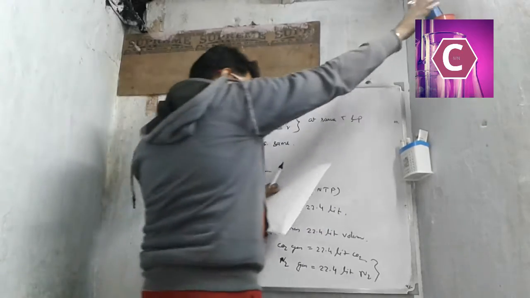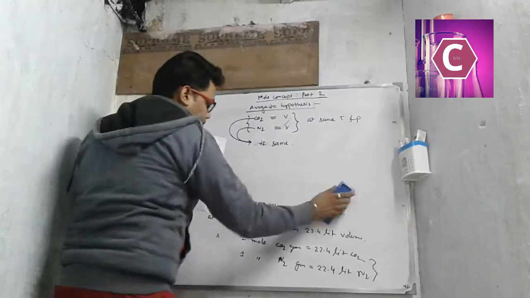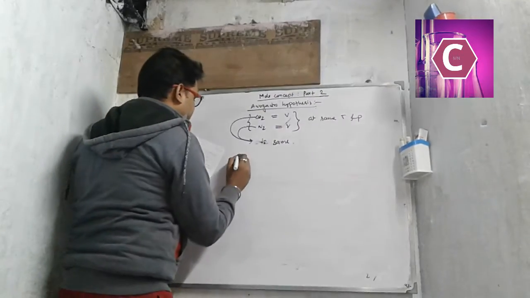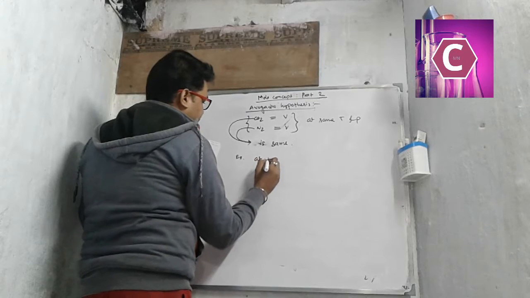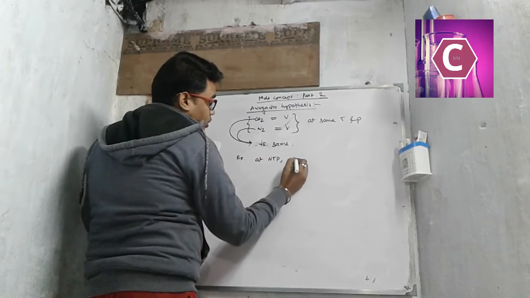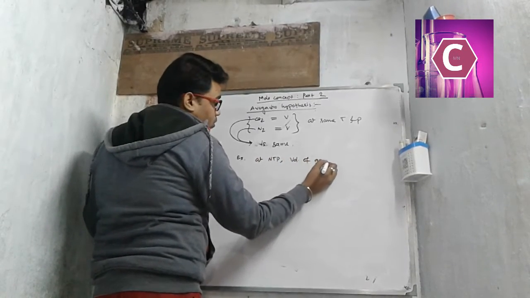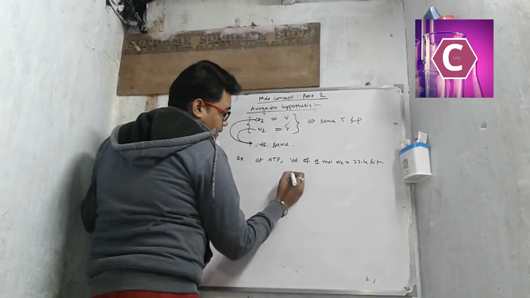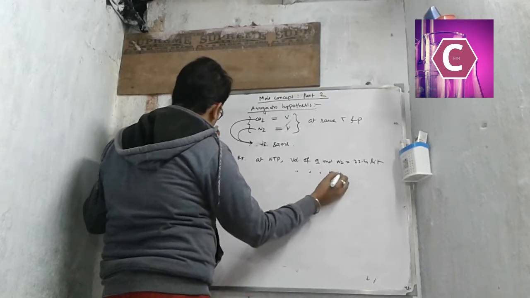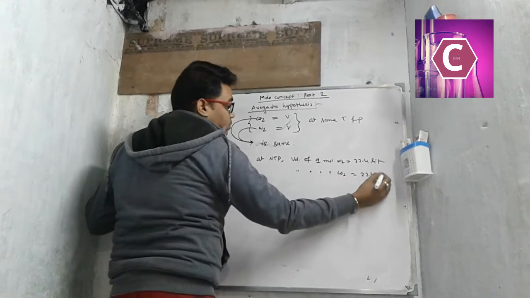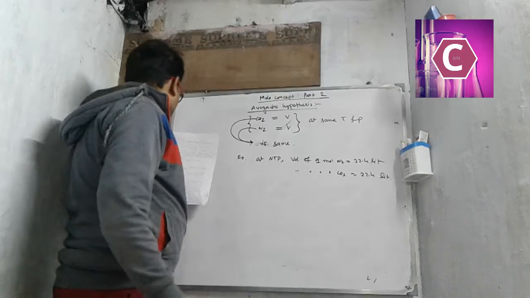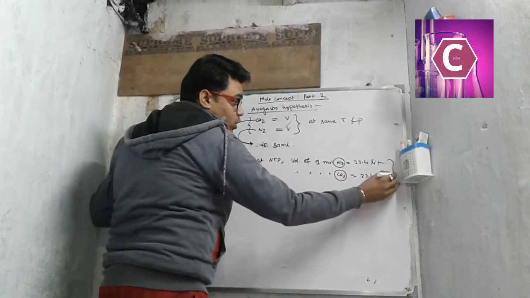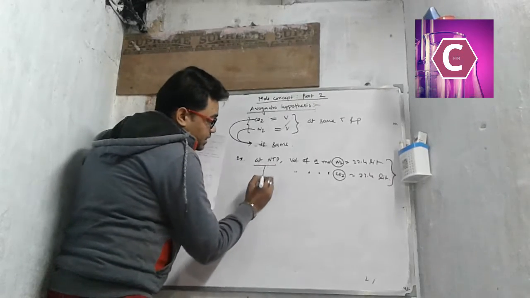Okay, now let's take an example. At NTP, the volume of 1 mole of N2 gas is 22.4 liter, and the volume of 1 mole of CO2 gas is the same 22.4 liter according to molar volume. Both nitrogen and carbon dioxide have the same volume at the same temperature and pressure.